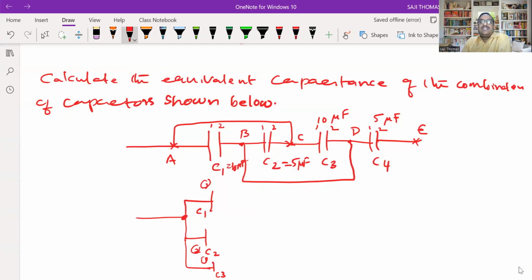Now consider the point B. At the point B, the second plate of C1 is connected, the first plate of C2 is connected, and the second plate of C3 is connected.